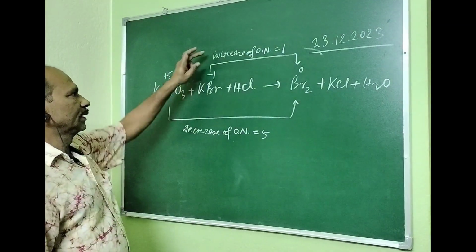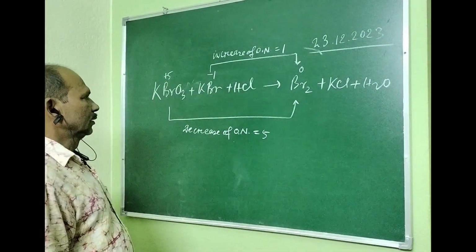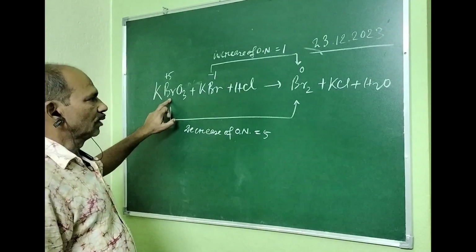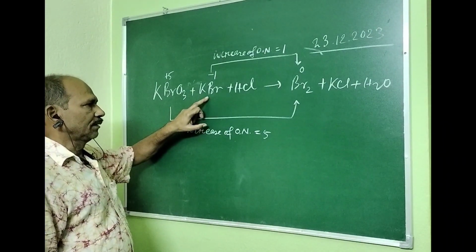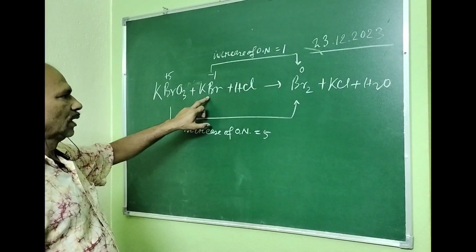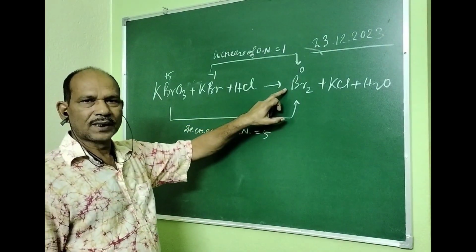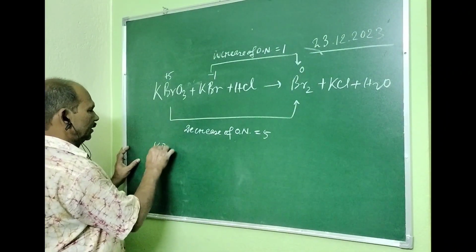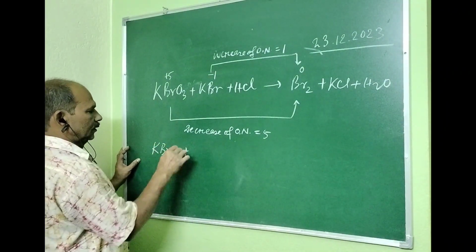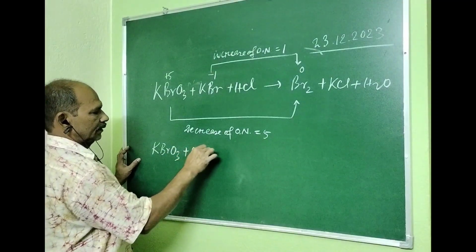So you have to multiply this portion by 5. So potassium bromate is required 1 molecule and potassium bromide is required 5 molecules. Ultimately you will get 3 bromine molecules. So the balance equation is like this: KBrO3 plus 5KBr.